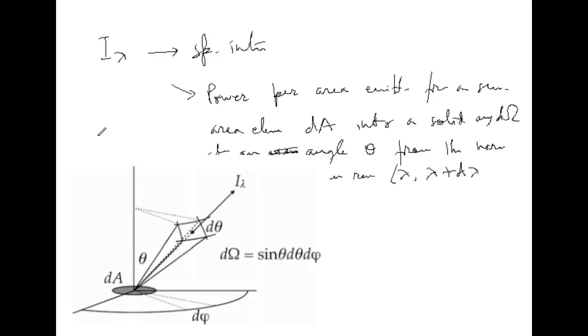Now the specific intensity may vary with direction, and so in order to define a single quantity at a point in the interior of a star, what we will compute is the mean intensity, which is more meaningful, and basically it will be defined as the average of this I lambda over all directions.